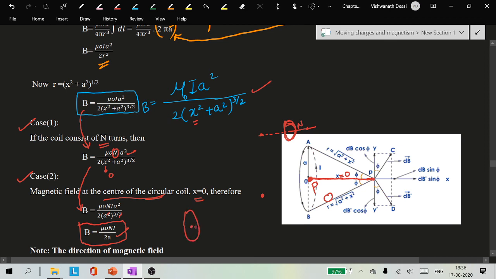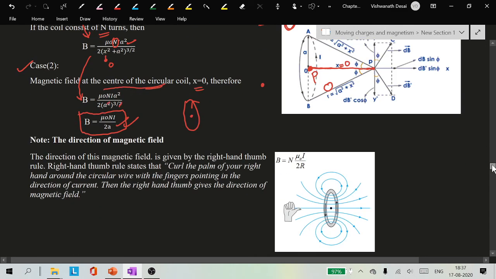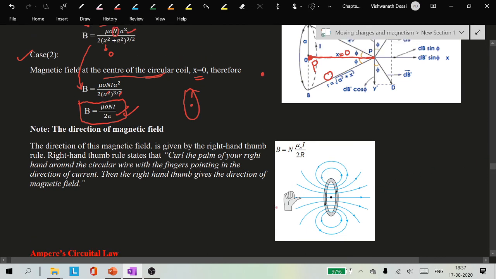Exactly at the center, the magnetic field can be calculated using this relation, mu naught n I divided by 2a, with n number of turns in it. And what is the direction of the magnetic field? The direction of this magnetic field can be found by using the right hand thumb rule. As I told in the first class itself, in the earlier video, the same rule I applied. You see, if the current is going in this direction in the figure, then curl your fingers in the direction of current, and the thumb points along the center, along the axis.